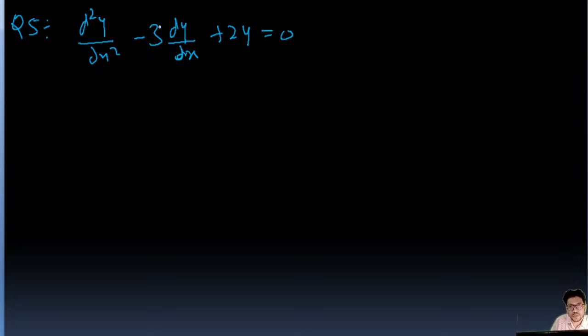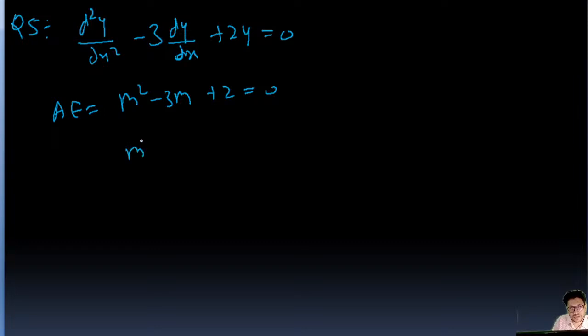This is a homogeneous linear differential equation of second order, so directly we can write the auxiliary equation. This is going to be m square minus 3m plus 2 equal to 0, right?